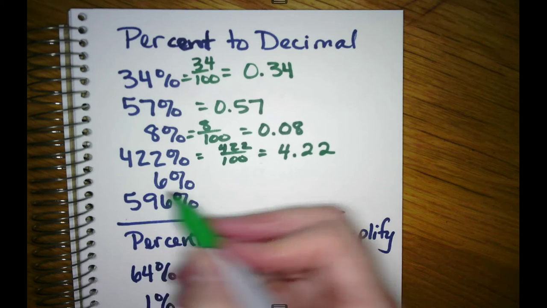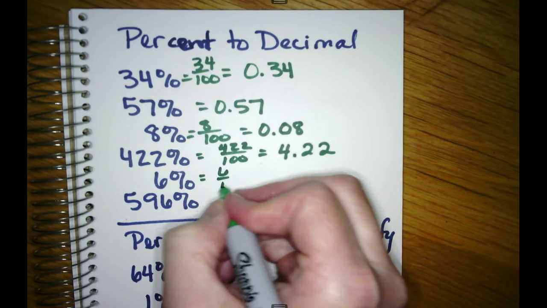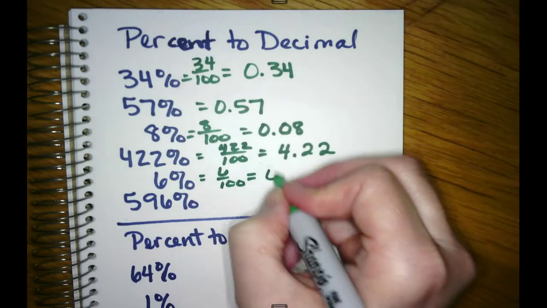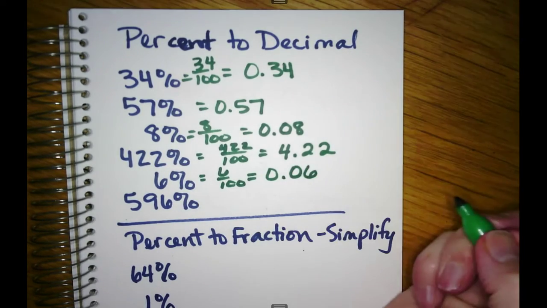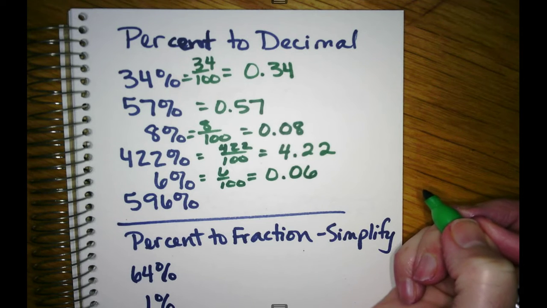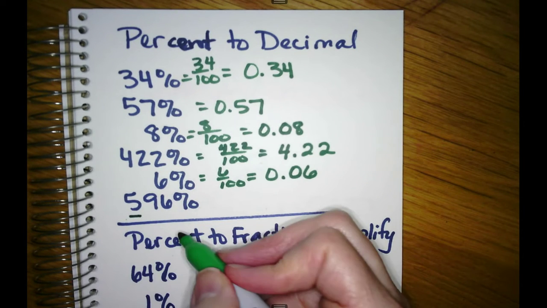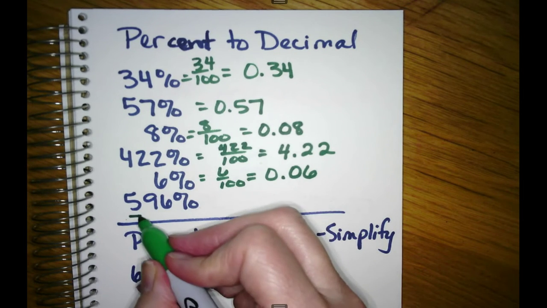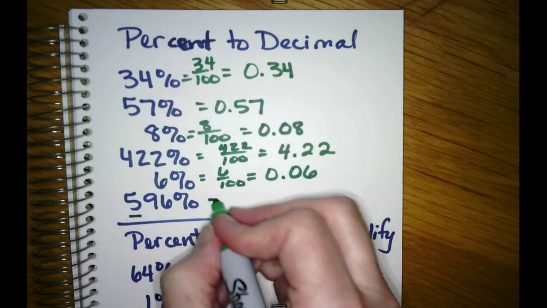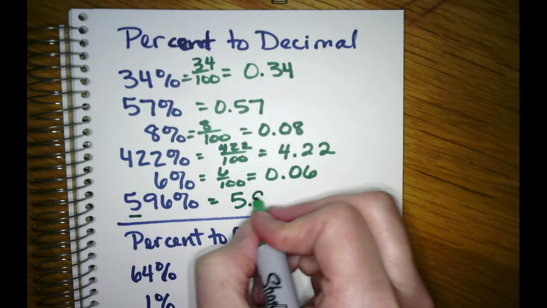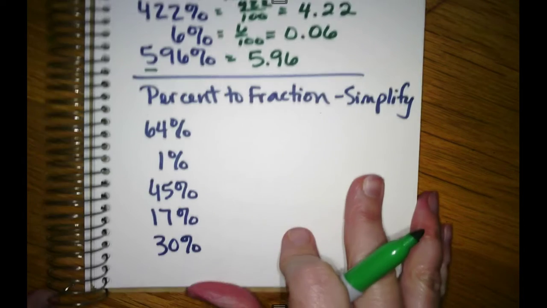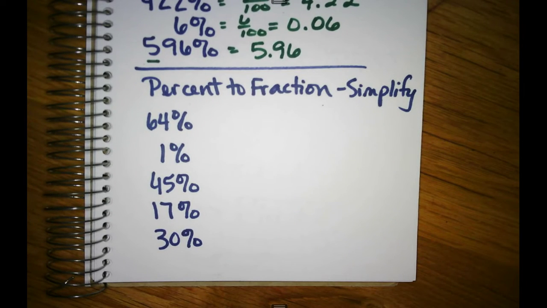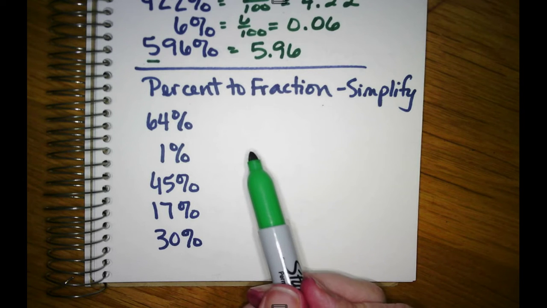So this is 6 hundredths, which means that we have to put a 0 in the tenths place, and then 6 hundredths. Finally, we have another one that is over 100, so this is going to go before our decimal, 5.96.